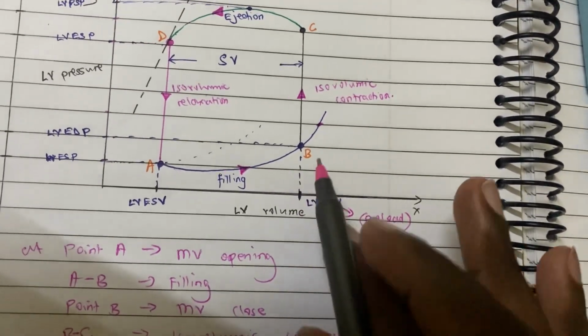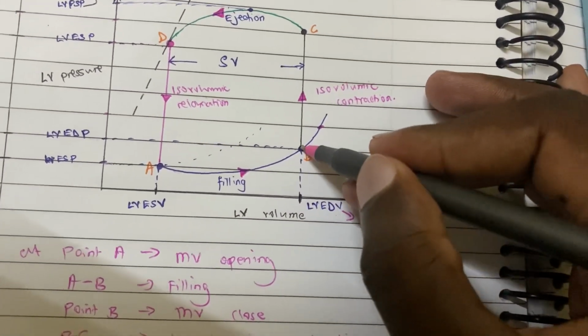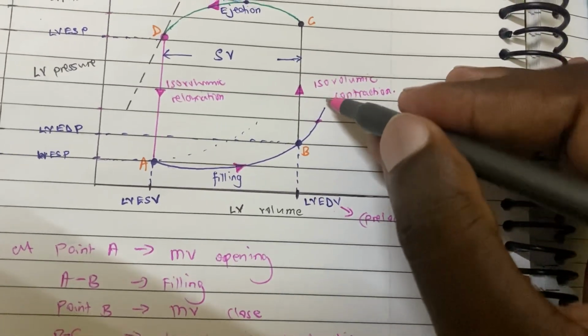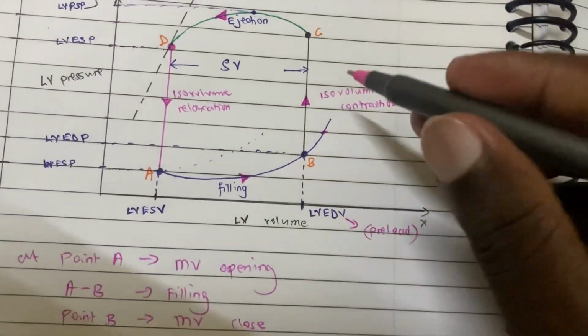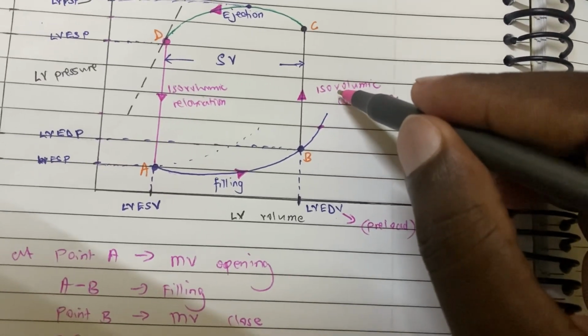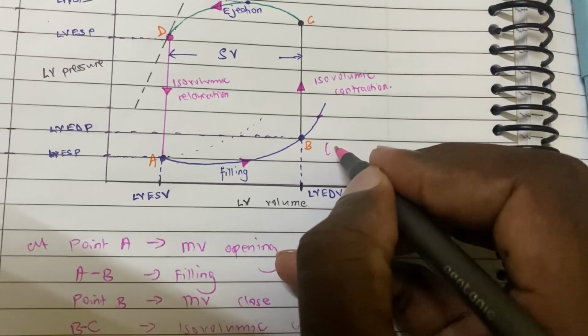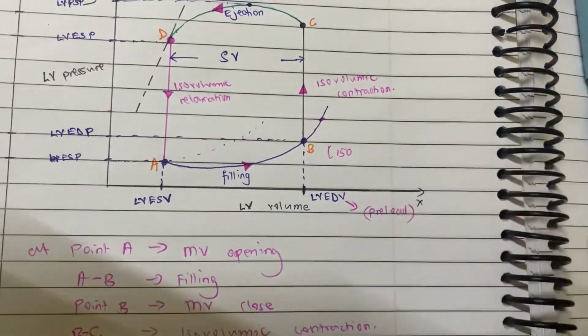In the normal heart, from this point B, the increase in pressure is steep, but not in volume, because at this point in normal hearts, LV EDV is supposed to be around 150 ml.